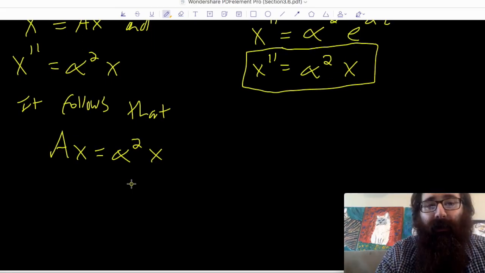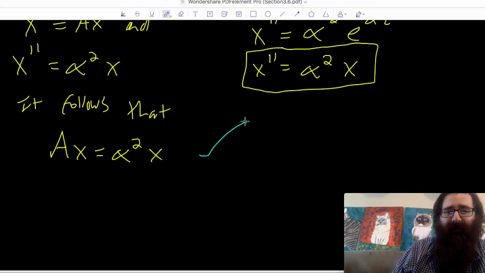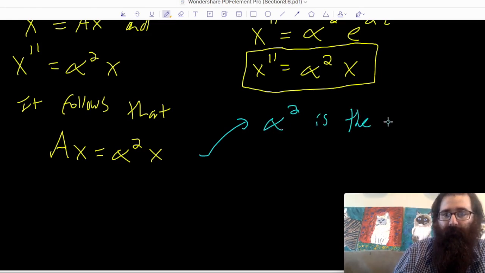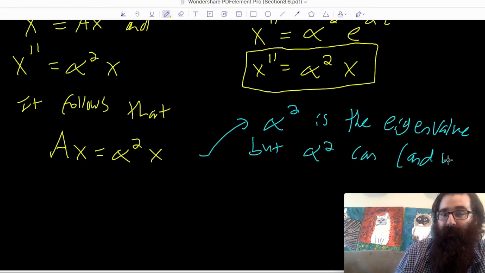What I'm about to say next, I think, gets people a little bit upset with the content. So what I want to say next is that alpha squared is the eigenvalue, but alpha squared can, and I'll say and will, because we're going to observe it, be negative.